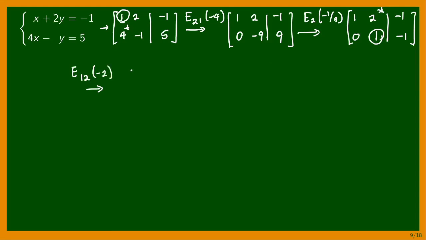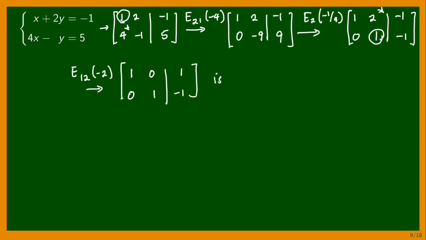So therefore, obtaining the following 1, 0, that's the purpose. Negative 2 times negative 1, 2 plus negative 1 is a 1. Right? Then you get 0, 1, negative 1.